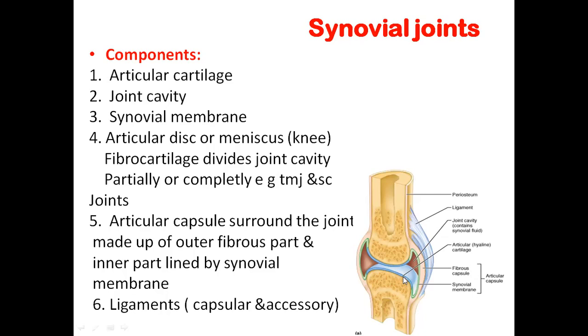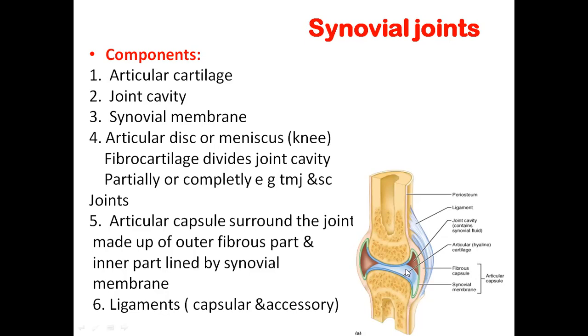The type of cartilage present in the articular cartilages of the joints of such bones is called hyaline cartilage. They are present on the surfaces of the bone which face the joint cavity, and their primary function is making the joint slippery.